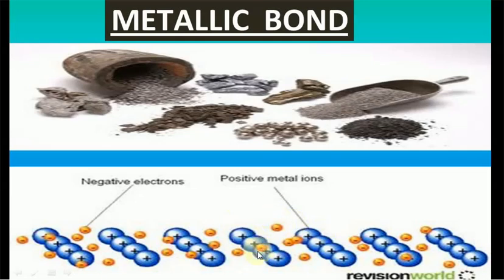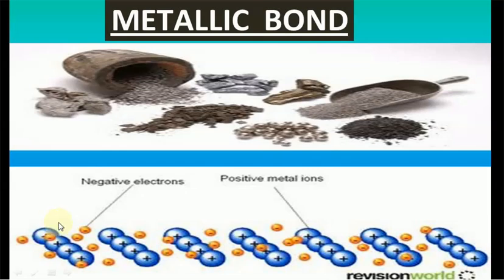Here, electrons are responsible for these bonds. Clouds of electrons will be like a glue between two ions or two atoms of metal. Like a glue, they will be attracted to each other by these negative electrons.